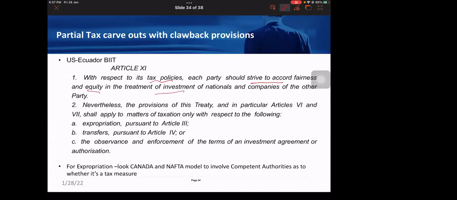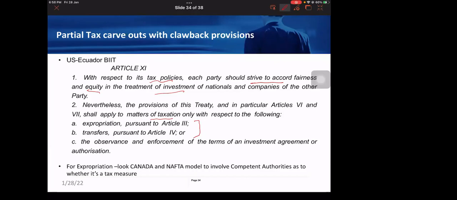So even for tax policies, there should be fairness and equity. Nevertheless, the treaty shall apply to matters of taxation only with respect to the following: expropriation, transfer, observations. That is, if there is an expropriation done through taxation, then you can come to the BIT.